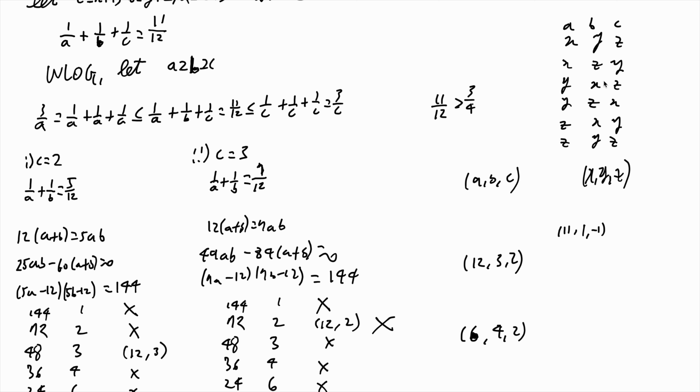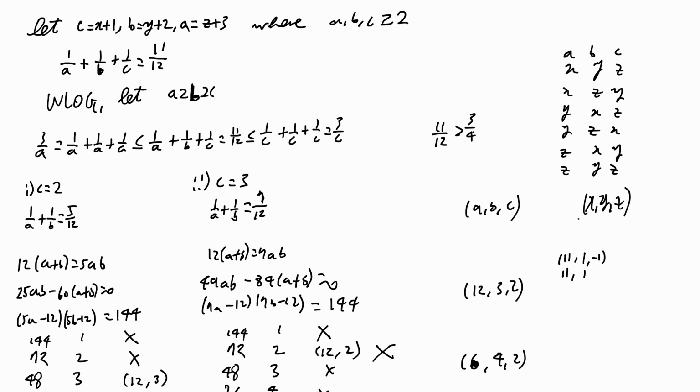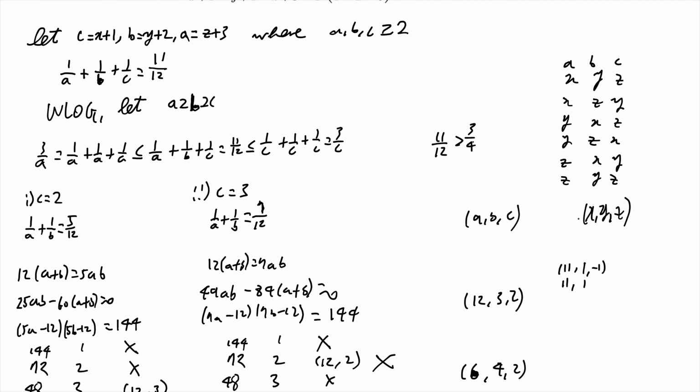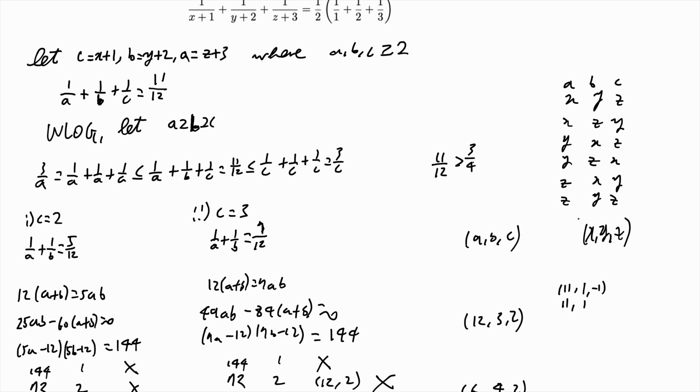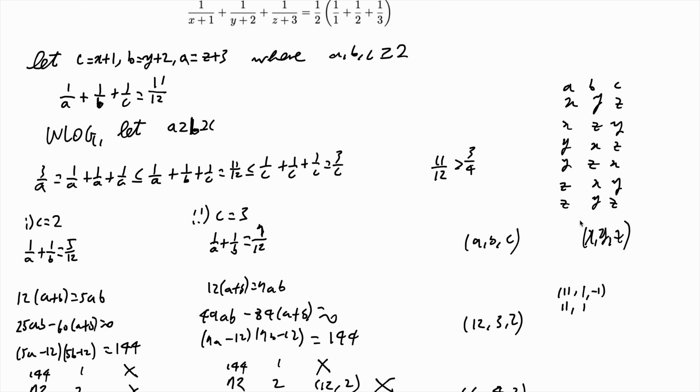Next one is this one. So 11, 1, oh wait. So we are assuming that, but we still need to change the position of X, Y, Z. I'm sorry, one last change.